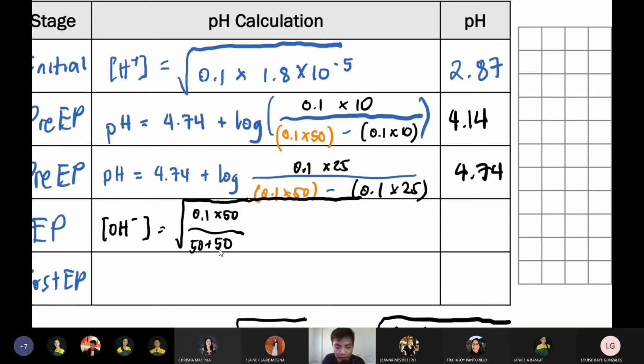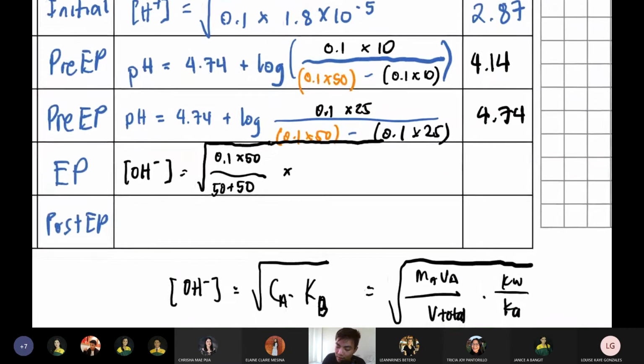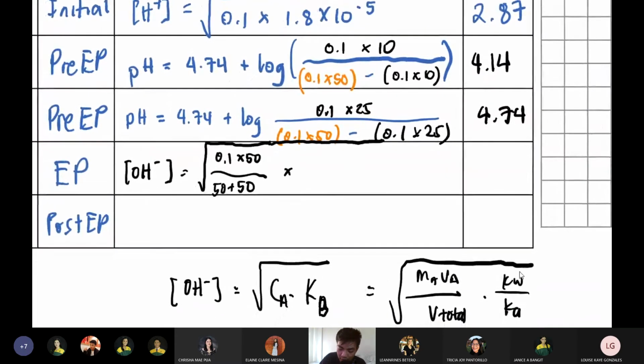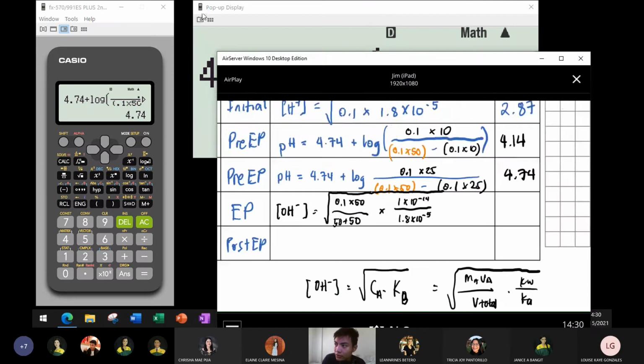So 100 ml na tayo. We are halfway bago mapuno ang Erlenmeyer flask. Okay. I multiply that by KW over KA. 1 times 10 raised to negative 14 divided by KA, which is 1.8 times 10 raised to negative 5. Okay. Pa-plug in ko to sa calcu ko.